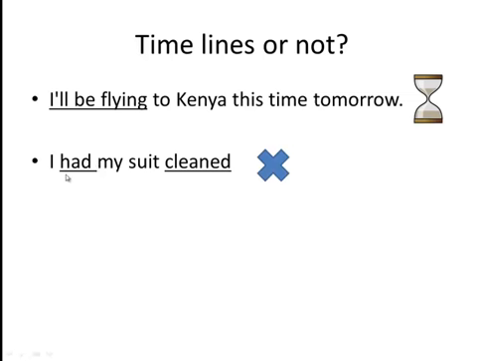So it could be, I will have my suit cleaned, I am having my suit cleaned, I have had my suit cleaned. So it could be at different times, and the crux of the meaning of this one is more about, I didn't do the cleaning, somebody else did it, and I arranged for it to be done. So with this one, a timeline isn't helpful.